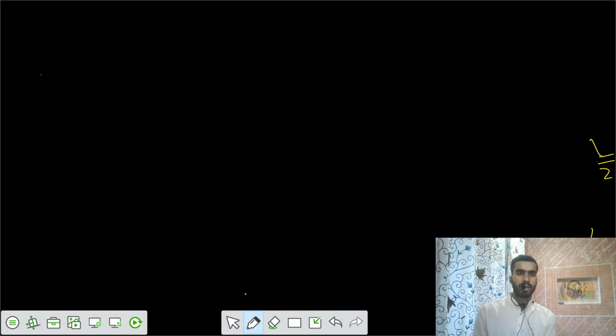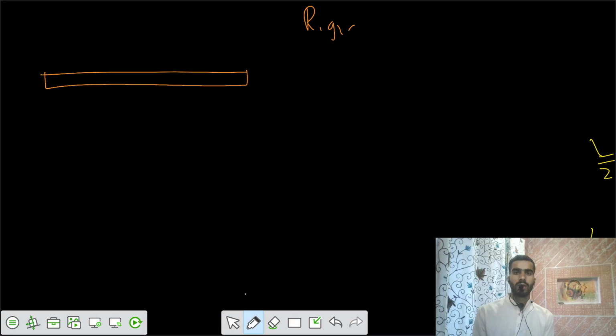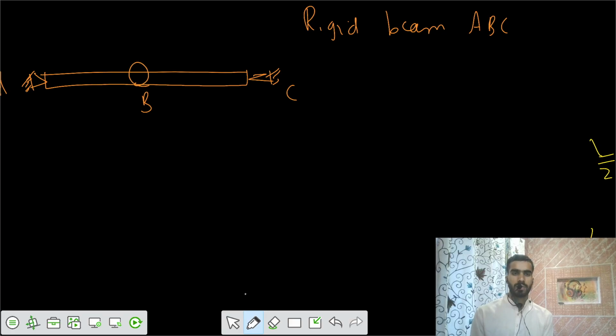Now if I have that, there is a rigid beam ABC, hinged at both ends, and there is a torsional spring of stiffness KT.